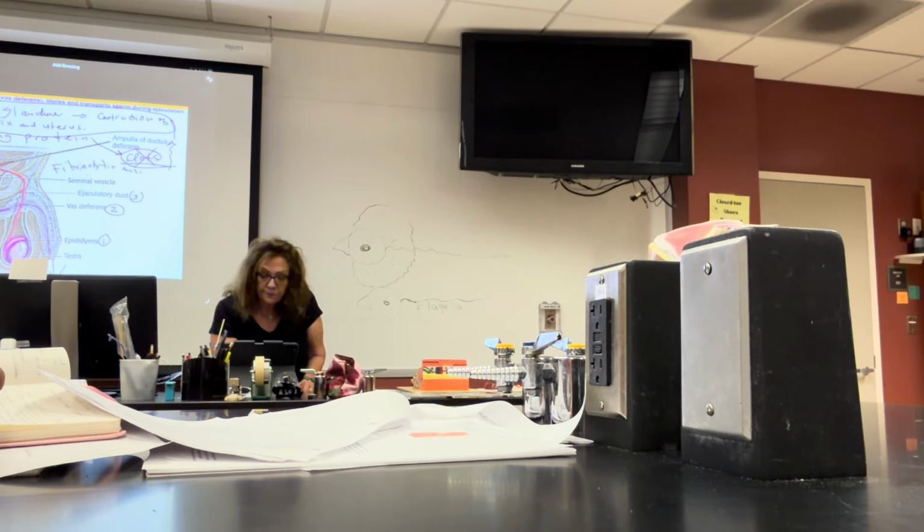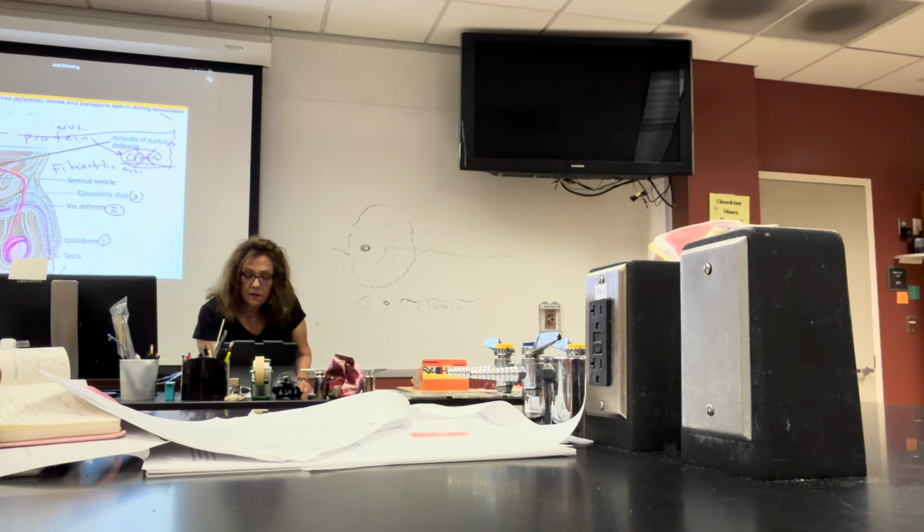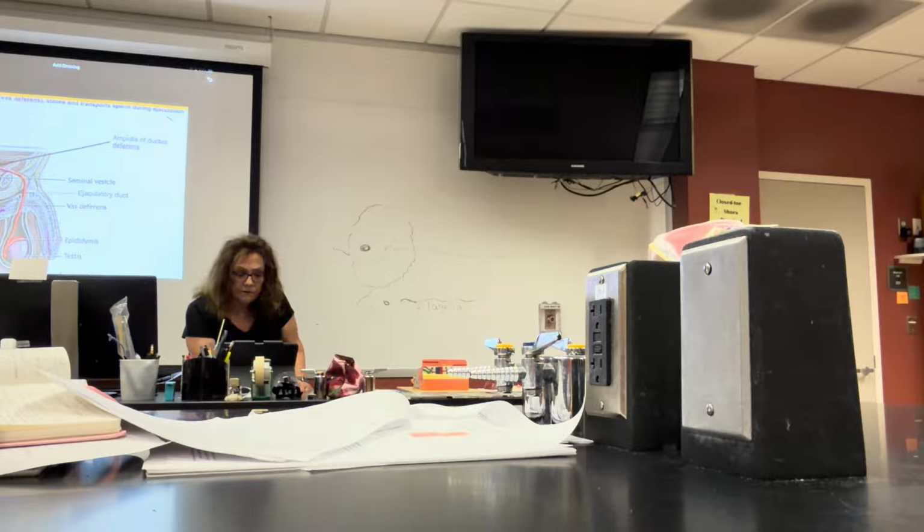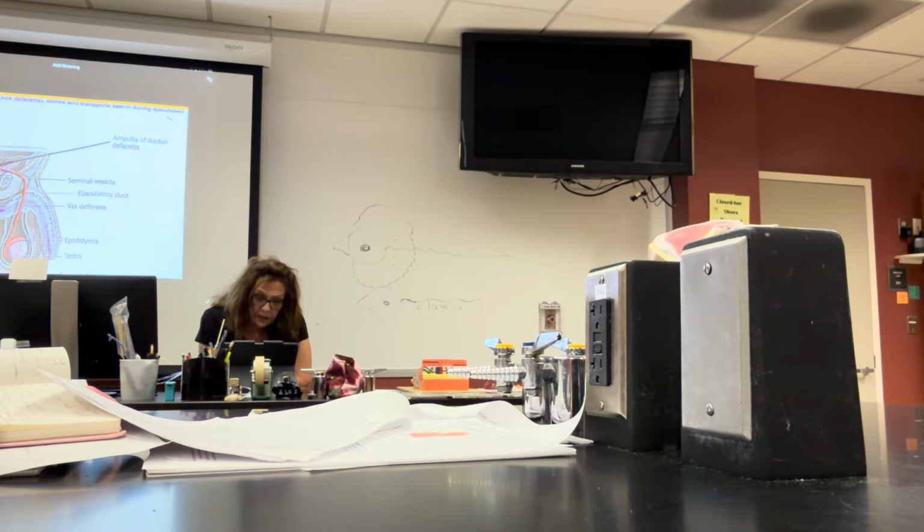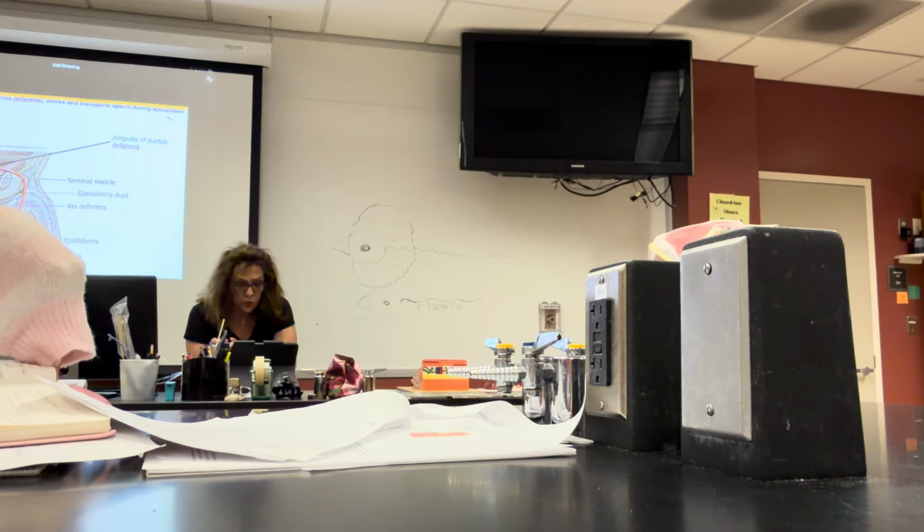Okay, here is again another view of the ducts. So one more time, the path of travel of the spermatozoa. Now remember, seminiferous tubules are not considered a duct of the male reproductive organ. Seminiferous is part of the primary sex organ, okay?